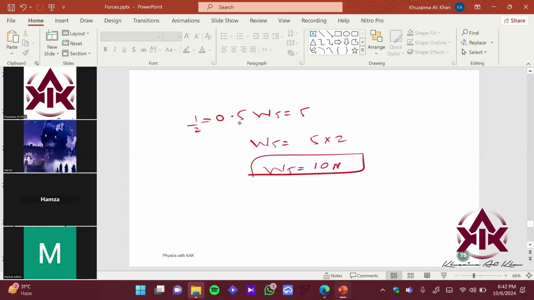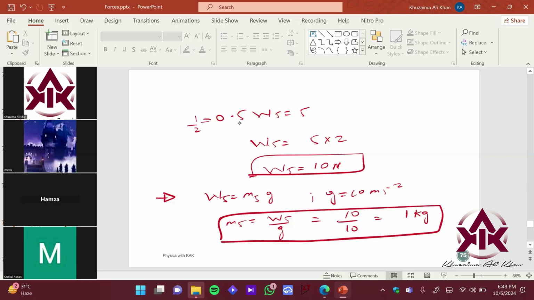You want to find the mass of it. We know the formula of weight: weight equals to mass 5 times gravity, and we're taking the gravity value as 10 meters per second squared. So your mass 5 is going to be weight 5 divided by the gravitational strength, which is 10 upon 10. So your mass 5 is going to be 1 kilogram. Does that make sense?